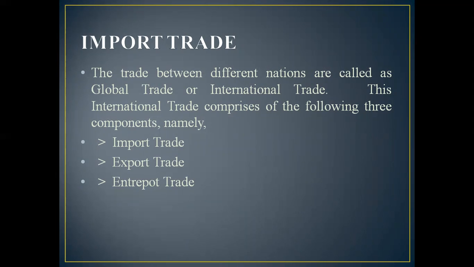The trade between two different nations or among many other nations is generally known as international trade or foreign trade. This foreign trade consists of three different aspects, namely import trade, export trade, and entry port trade.